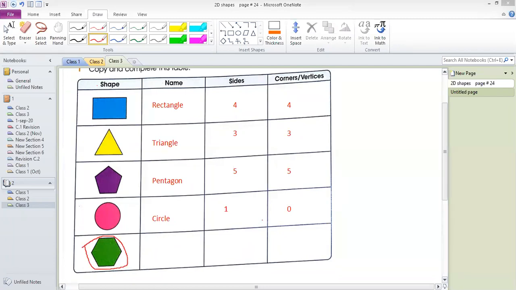So you all need to answer me how many sides and how many corners and what is its name. Send your message in the chat box. Yes, Kareem Nasir, I received your answers. So this shape is a hexagon. So I'm going to write its name. This is hexagon.